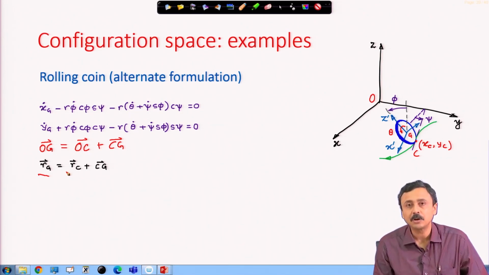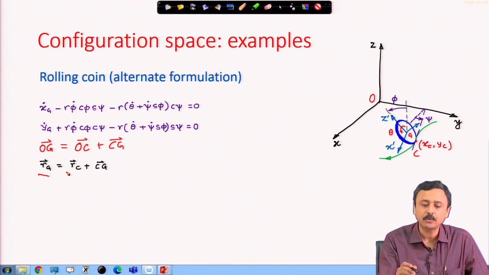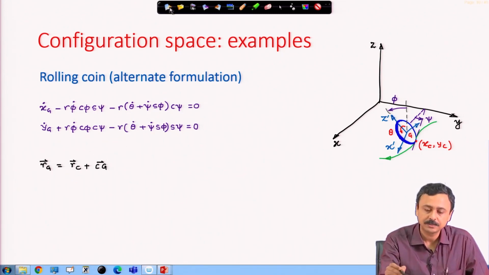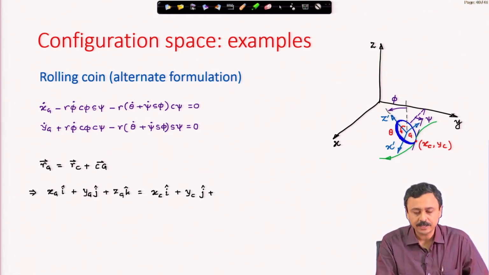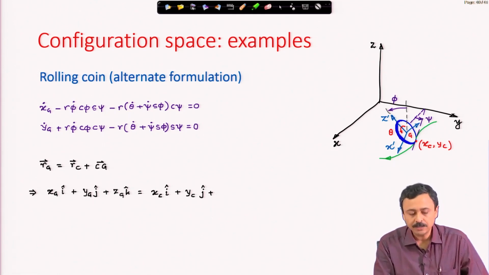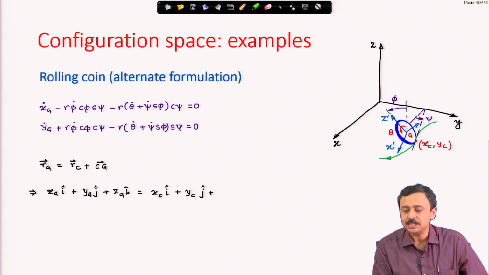CG is along the radial direction in the coin from the contact point to the center of mass. We will write this position vector of the center of mass in x, y, z using the unit vectors i cap, j cap, k cap, and that is equal to x_c i cap plus y_c j cap. This is nothing but the position vector of point C plus CG.